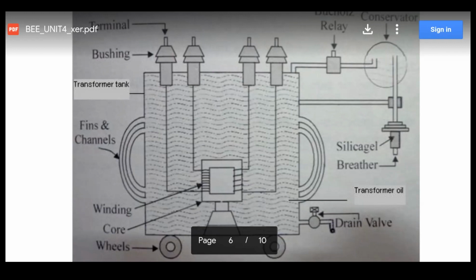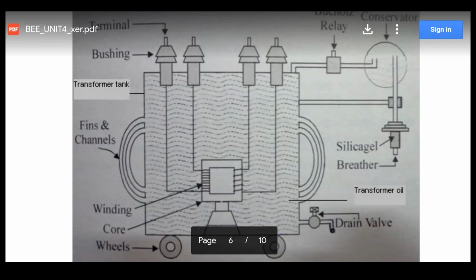Okay, and when this transformer is subjected to loaded condition, especially full load condition, maximum current will be drawn, and when maximum current is drawn, maximum I squared R heating will be there.